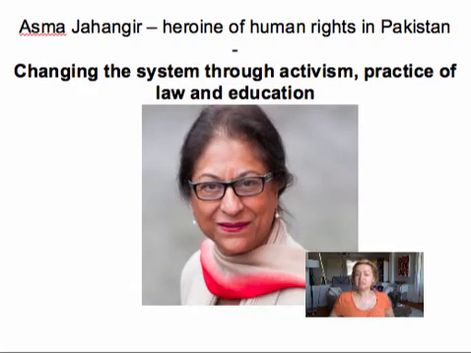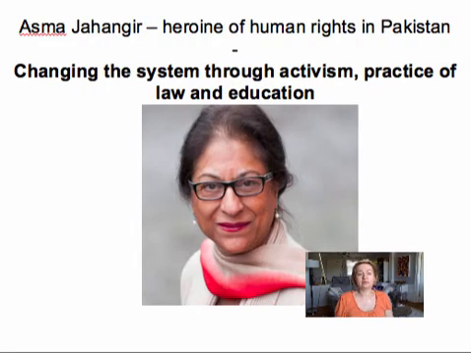So this led to her prominence, and she became a symbol of resistance to segregation, to these unjust laws that were in place at that time. But in recent times, we have other activists who are doing a great fight, but we don't know much about them. One of them is, for example, Asma Jahangir, who is a heroine of human rights in Pakistan.